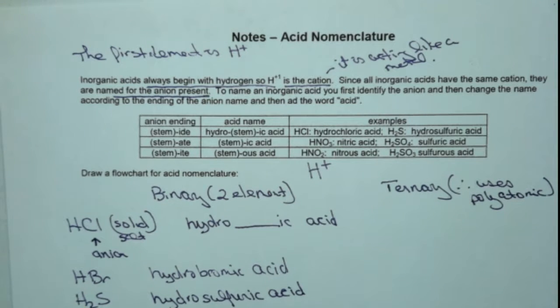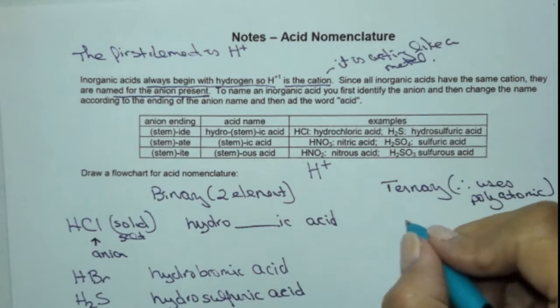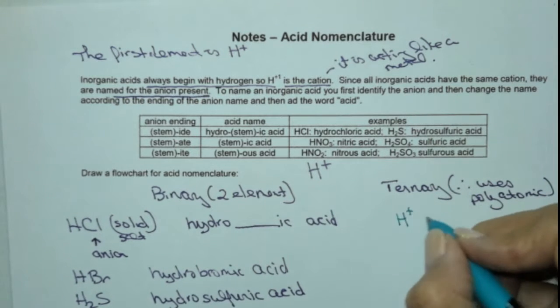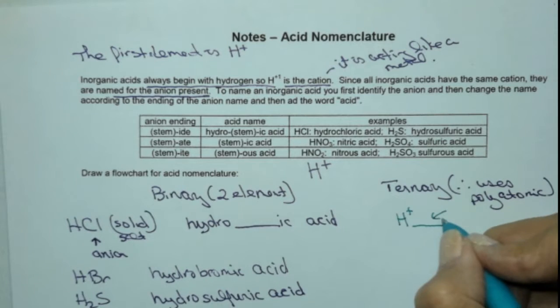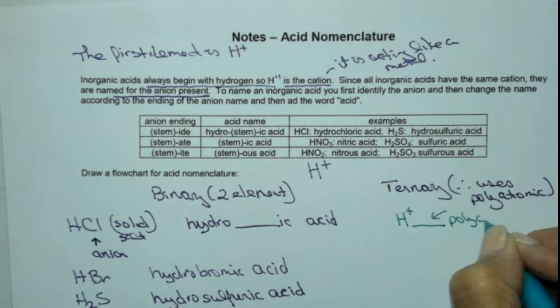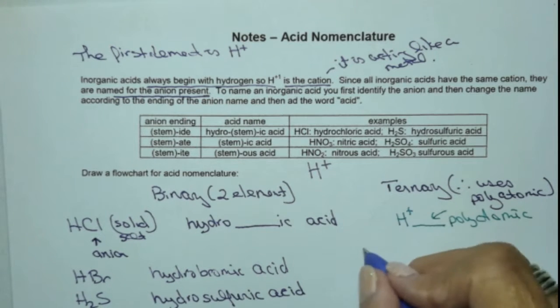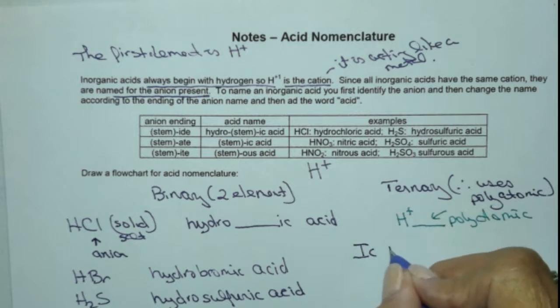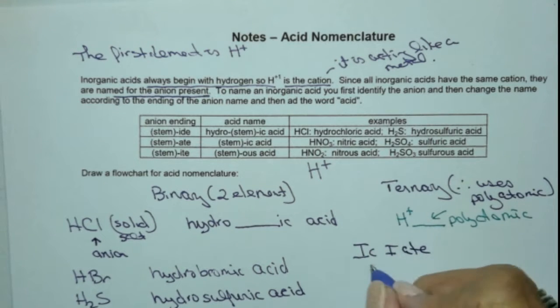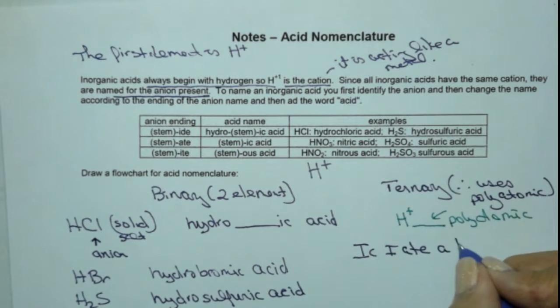Now, when I see that I have hydrogen and the second part is a polyatomic, I have more than two elements. So I have a little mnemonic: "ic, I ate a humongous bite."